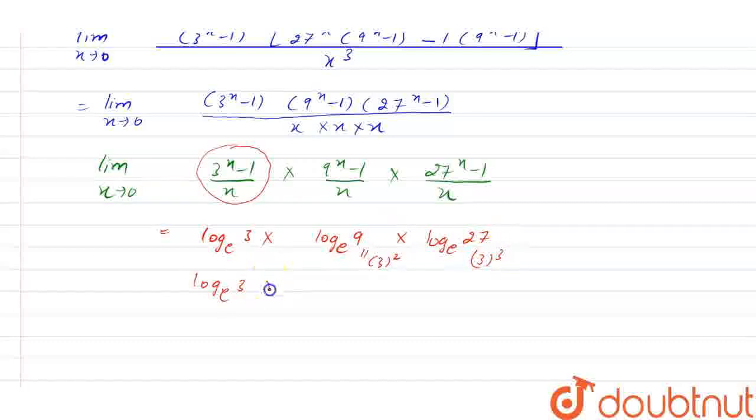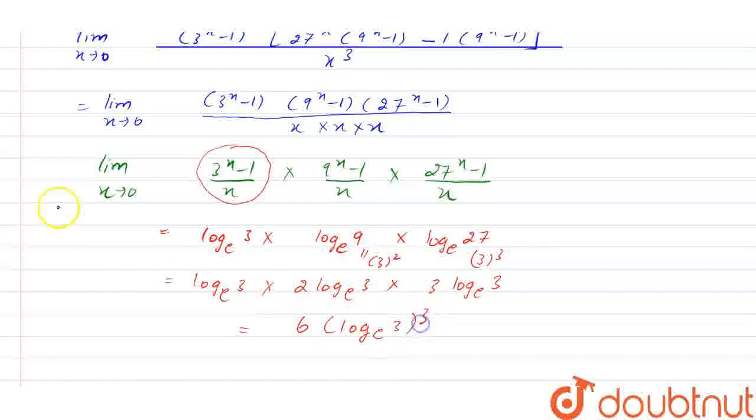So by log property, we can write it as log base e 3 into 2 log base e 3 into 3 log base e 3. So now that will be equal to 6 into (log e 3) whole cube. So we can say this will be our final answer.